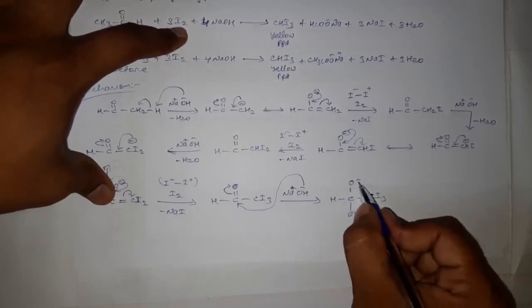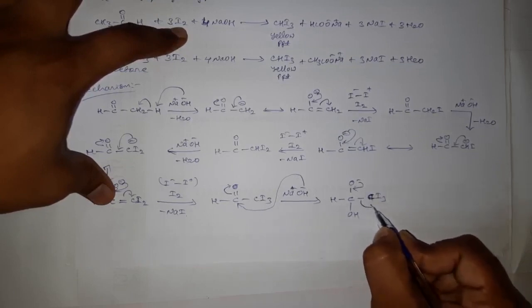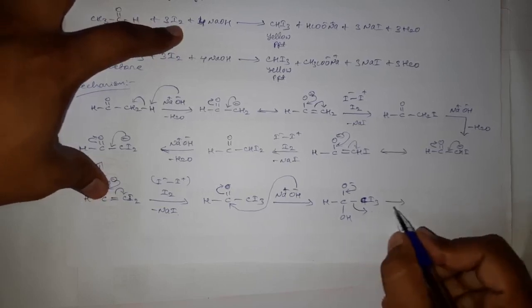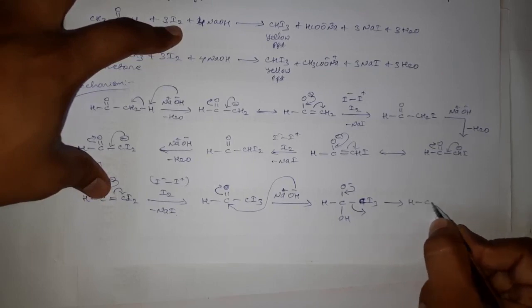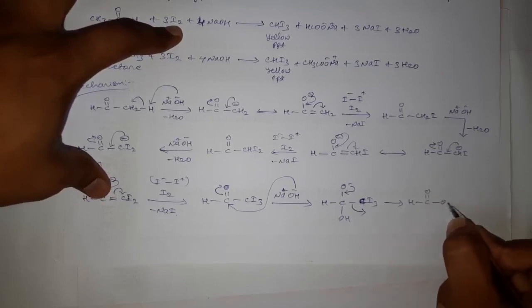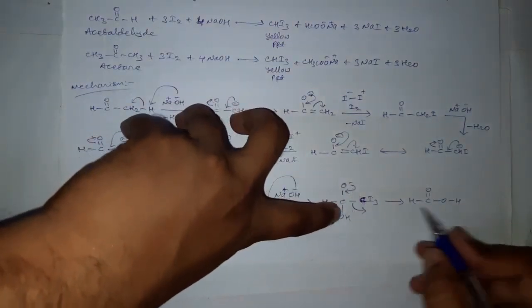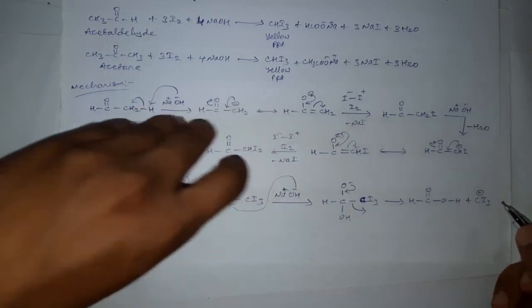Then this negative charge will delocalize and this CI3 minus will go out of the mixture as a CI3 minus, and here we can write HC double bond O OH plus CI3 minus, correct?